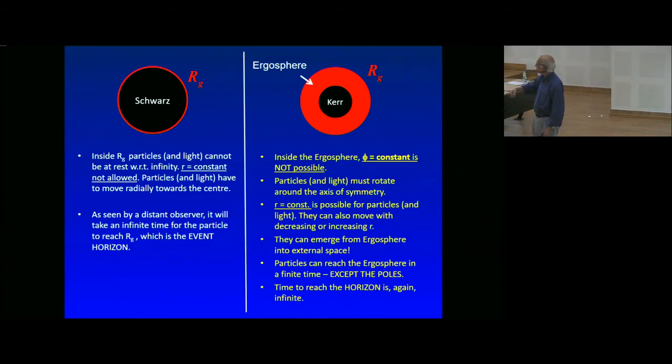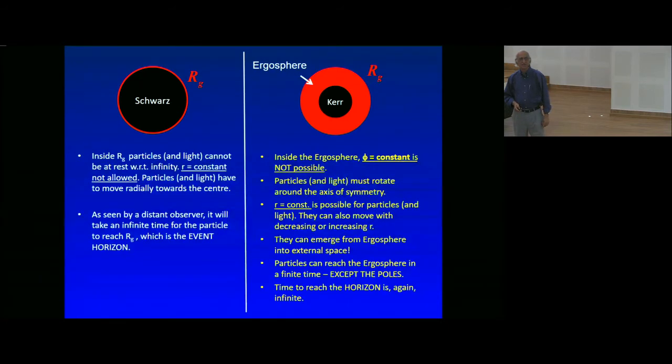So a particle or a photon can choose to be in an orbit inside the ergosphere, even though it's inside Rg. Rg is not the horizon, please remember. But the interesting thing is they can come out. So the surface of the ergosphere is not a semi-permeable membrane. You can go in, you have a multiple entry visa. You can go in and come out, which you can't do for this.